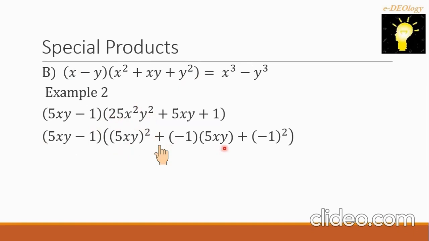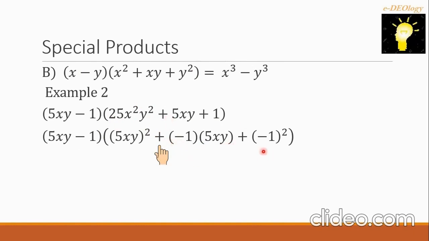And then for the middle term, let us show that this is the product of the two terms of this binomial. So the negative 1 is here, the 5xy is here. If we multiply this, we will get a negative sign, but as a rule, we should write it as positive. So the second criterion is checked.